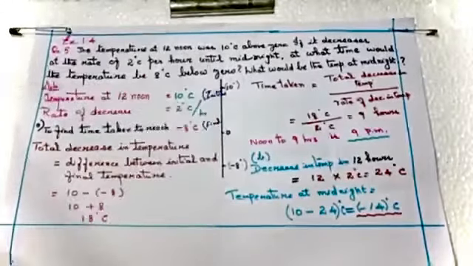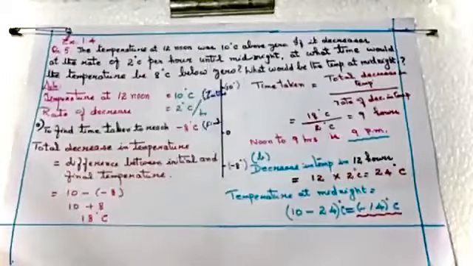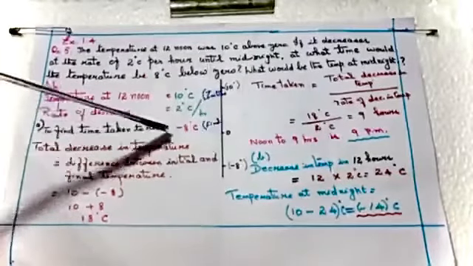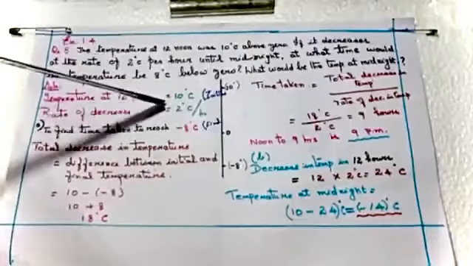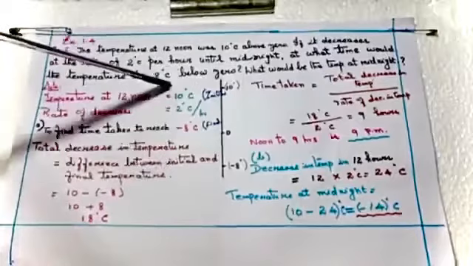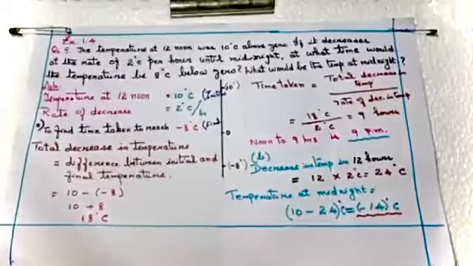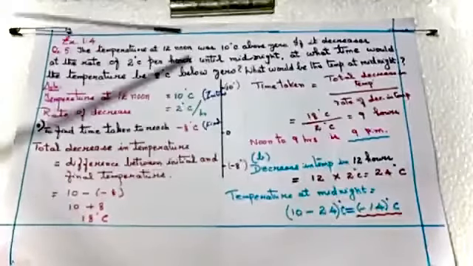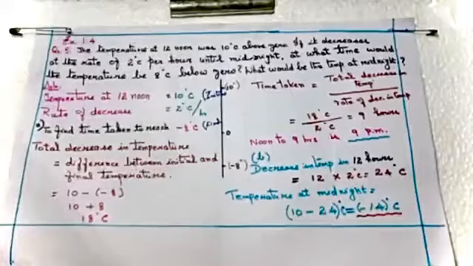So let us assume that to be final. Now, the total decrease in temperature, from 10 degrees to minus 8 degrees Celsius, how much has the temperature decreased? That is nothing but the difference between the initial and the final.